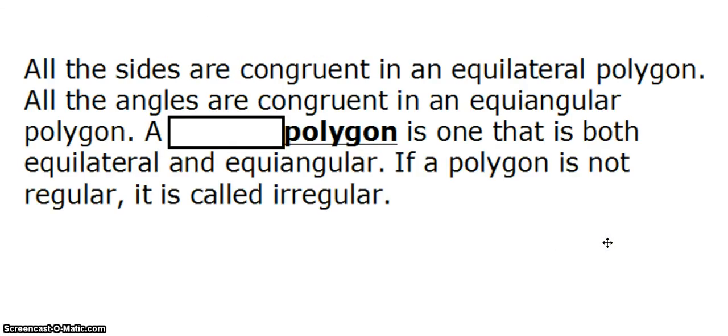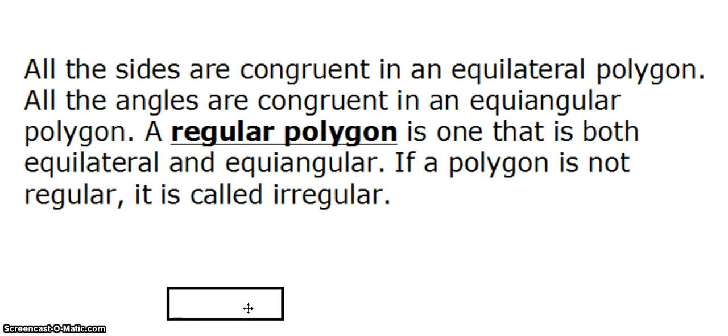All the sides are congruent in an equilateral polygon. Equal sides. All the angles are congruent in an equiangular polygon. So if we put both of these together and have an equilateral and equiangular polygon, we call that a regular polygon.